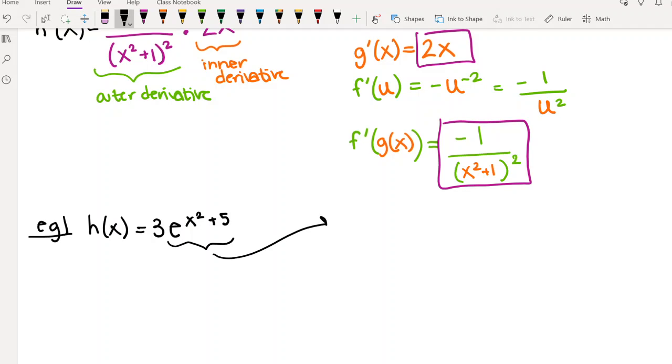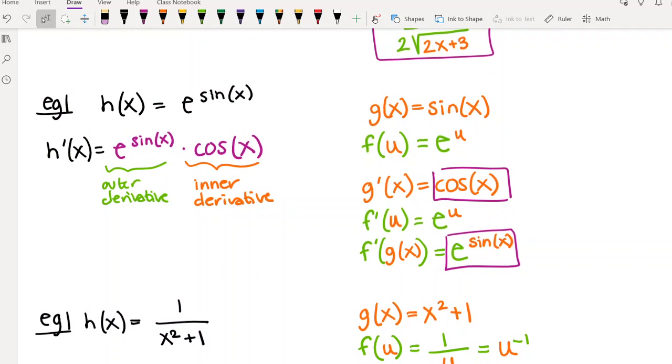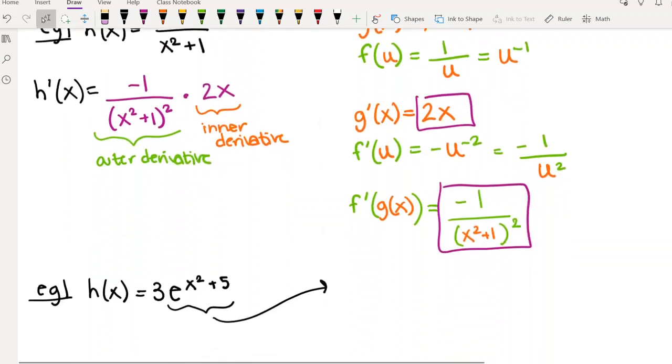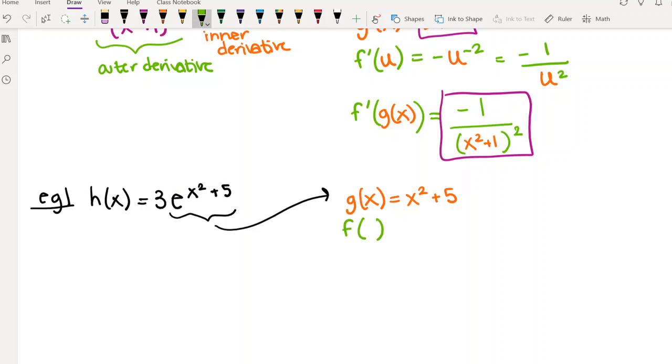If you were just looking at this part, the inner function, it's similar to the first one we did, or actually the second one, e to the sine of x. Our inner function in this case is the exponent, right? It's x squared plus 5. And our outer function, again, is f of u equals e to the u.